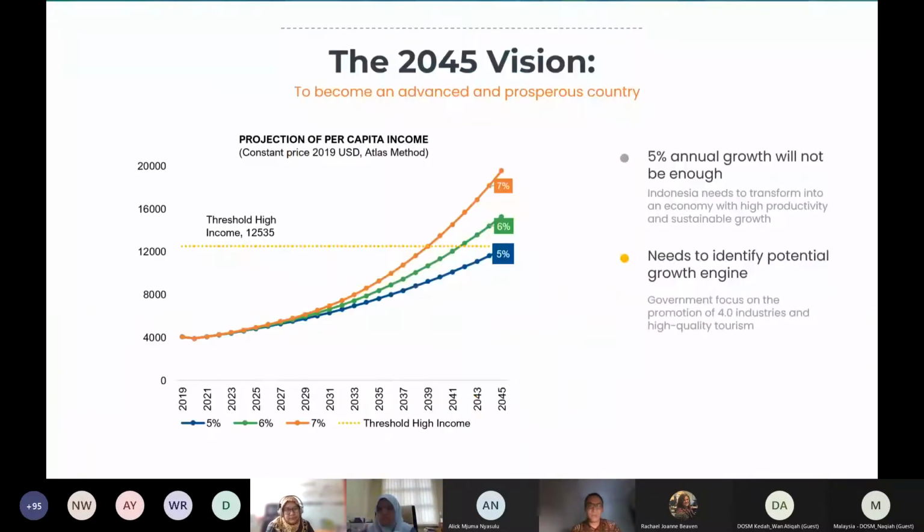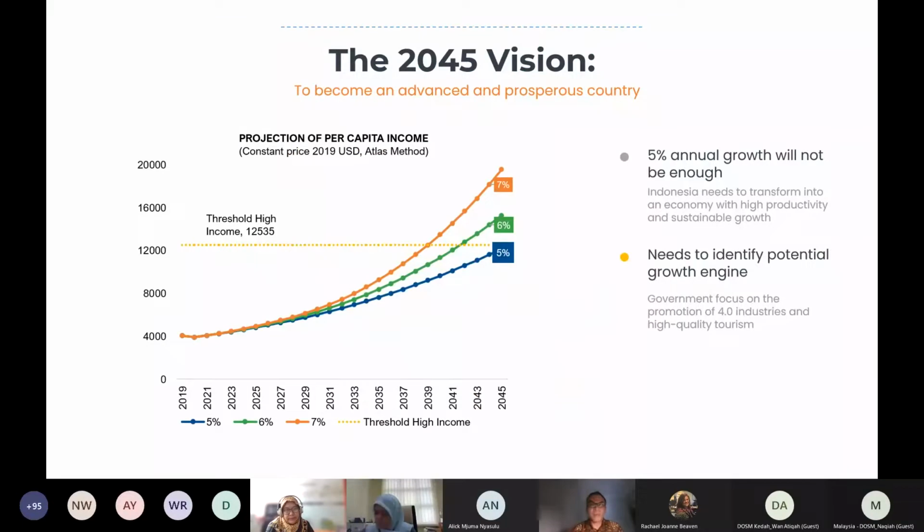Now we're preparing for the so-called 2045 vision. We envisage that we will become an advanced and prosperous country in 2045, the anniversary of one century of Indonesia.